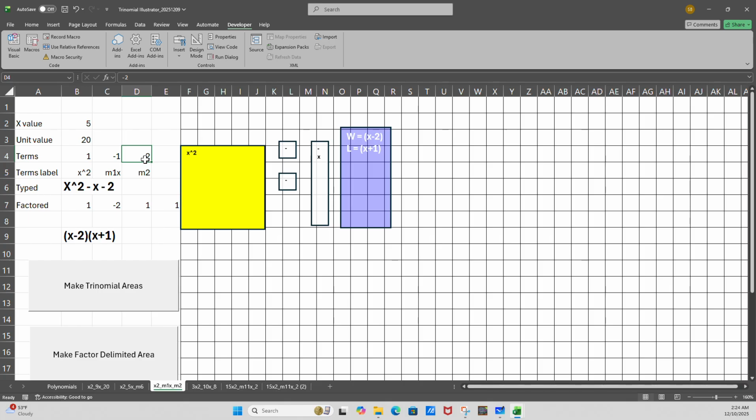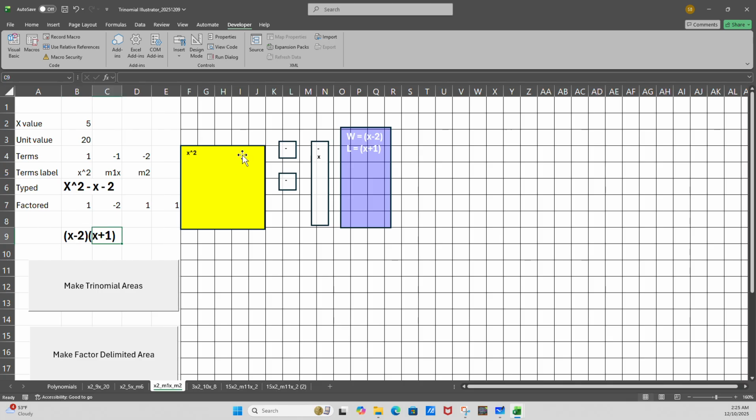And since the middle term is negative, the larger of those two absolute values has to be negative. So the -2, because 2 is going to be 1 and 2, right? 2 doesn't have any other factors. So it's going to be x minus 2 and x plus 1.